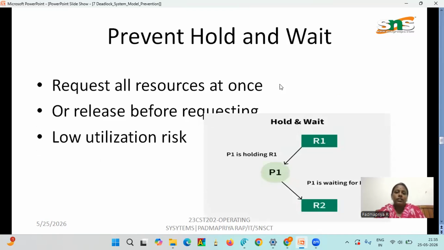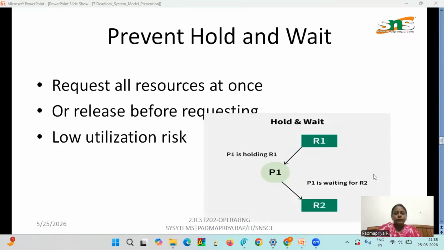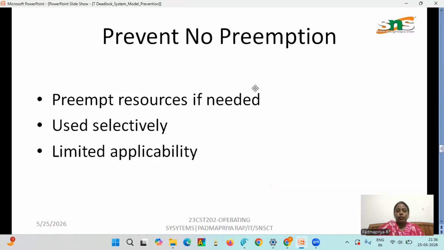Prevent hold and wait: request all resources at once, or release before requesting. There is a low utilization risk. Based on the process request, we allocate the resources, with low utilization risk.